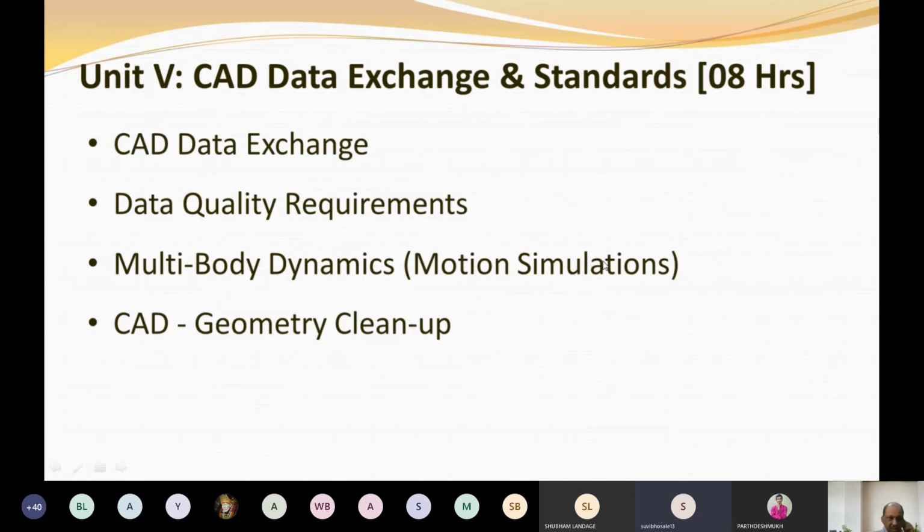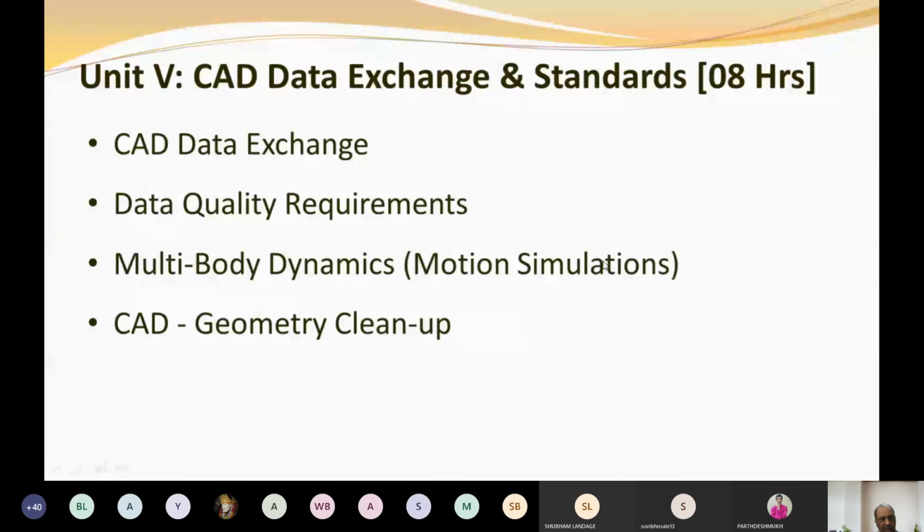Hello. Sorry for the break. Okay. Now we are using different software. Different softwares have their own advantages and limitations. Similarly, their saving pattern will be different. You cannot open one file of one particular software into another software directly.